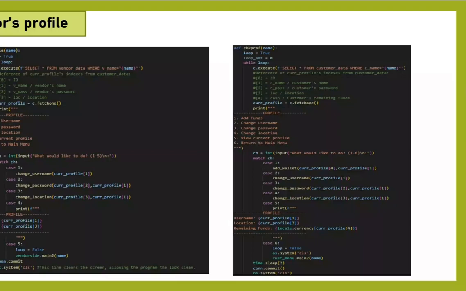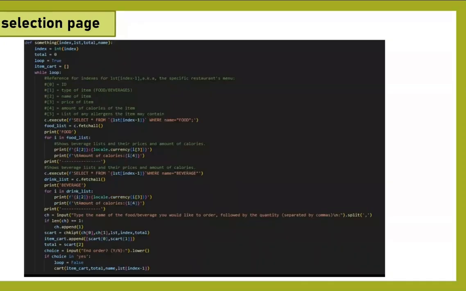Okay, thank you for giving me the time. Let's just move on to the menu selection page. Over here is what the customer sees when they have already selected a restaurant, and this is their menu. First off, it will print the food and beverages of the menu, and then we will ask the user what they want to order, followed by the quantity.